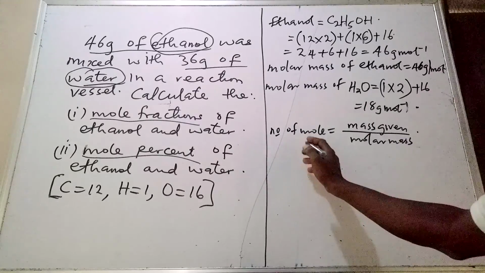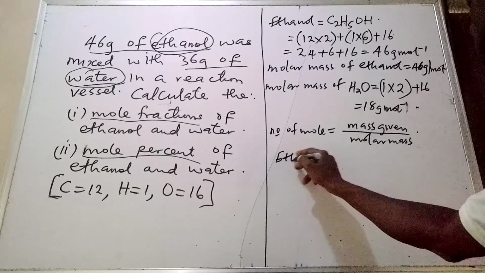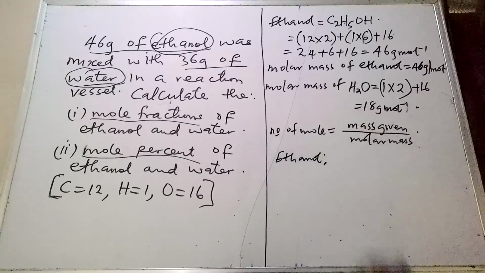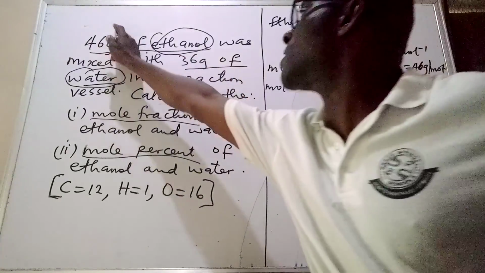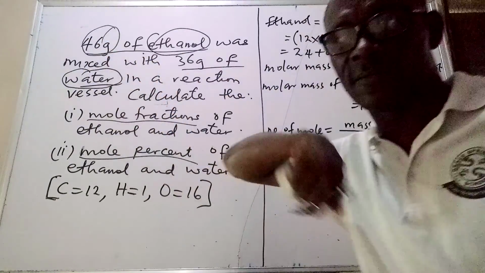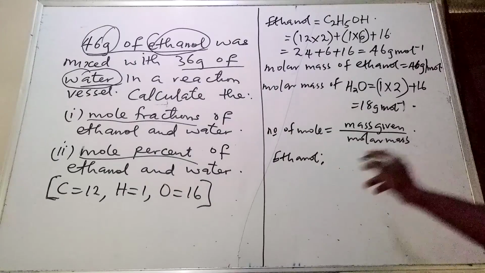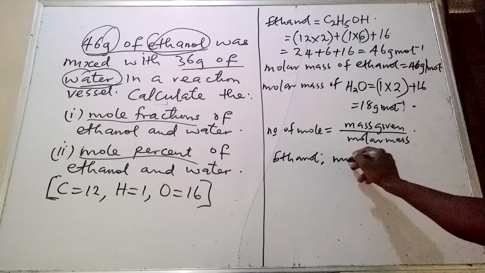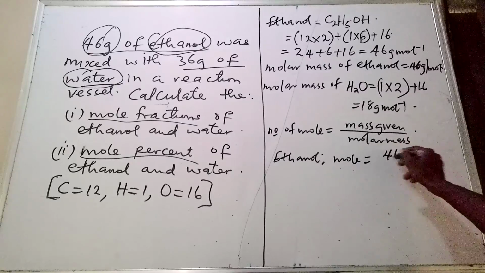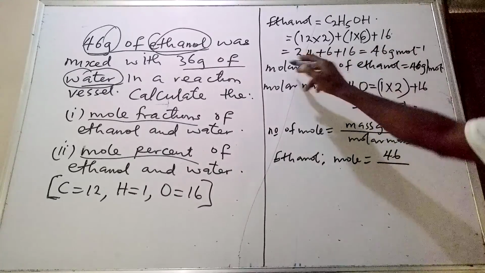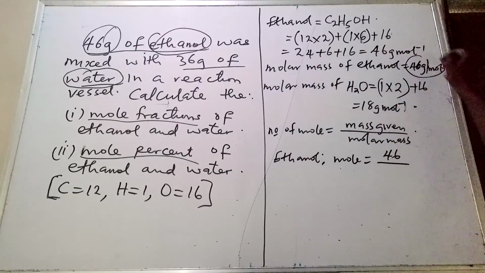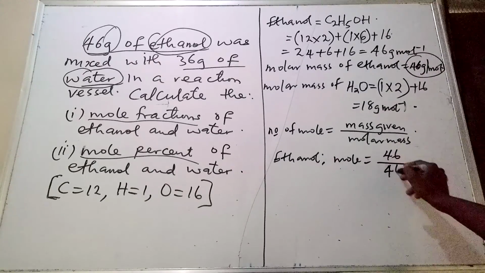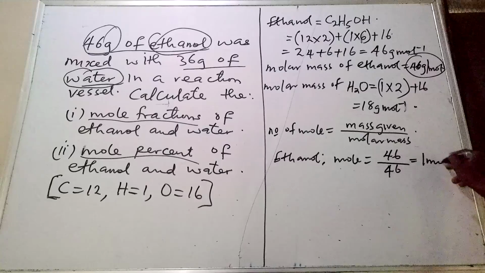Okay, so for ethanol, the mass given for ethanol in the reaction is what? 46. Okay, that will be mole is equal to 46 over molar mass of ethanol, which is also 46. It's just a coincidence, okay? That is 1 mole.